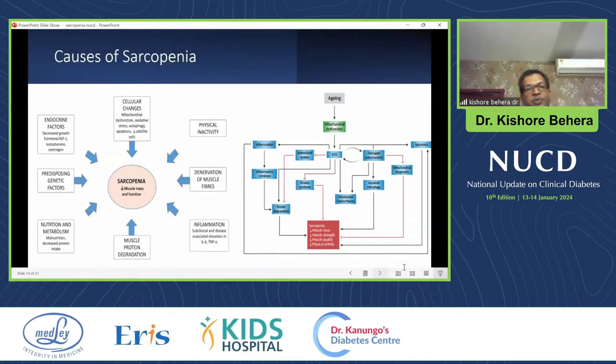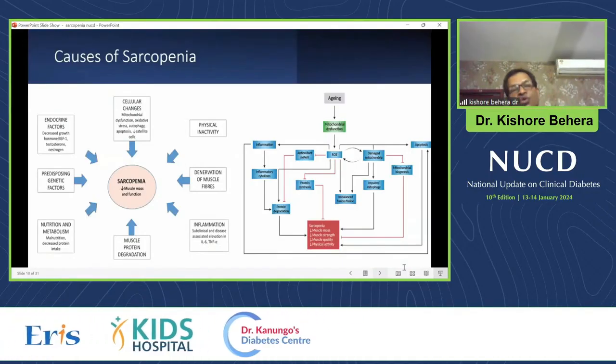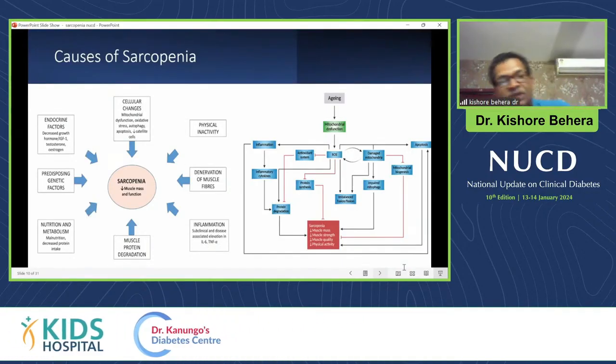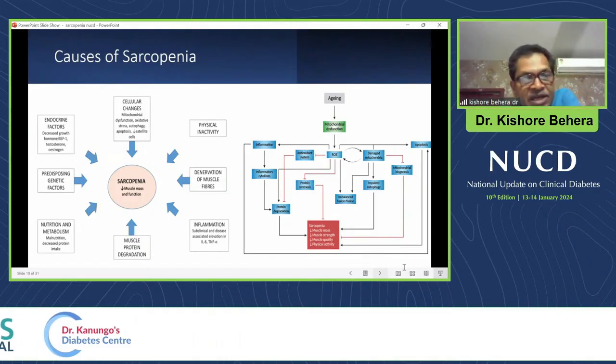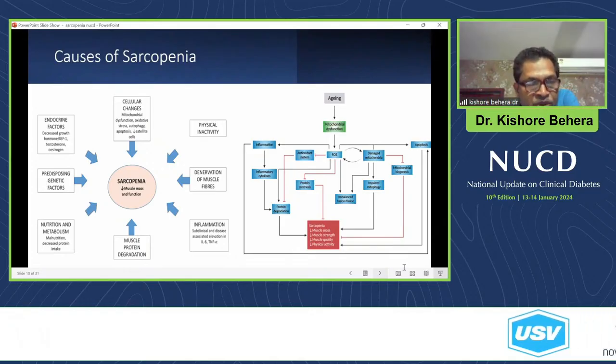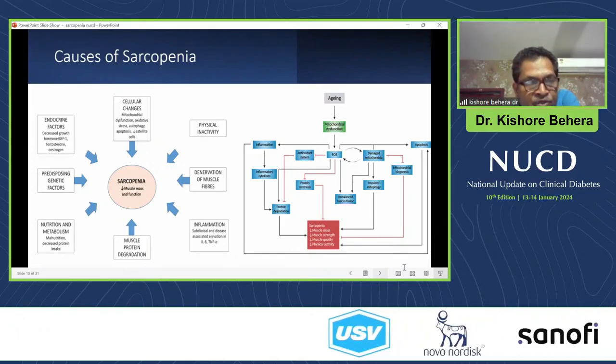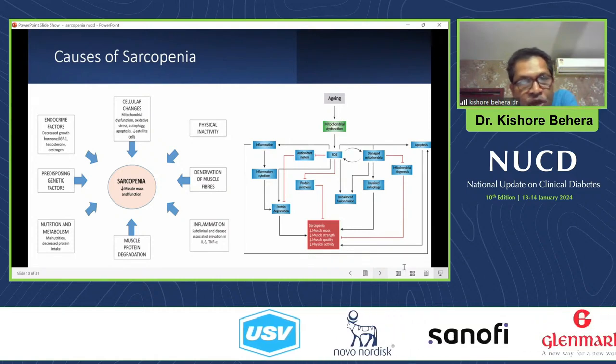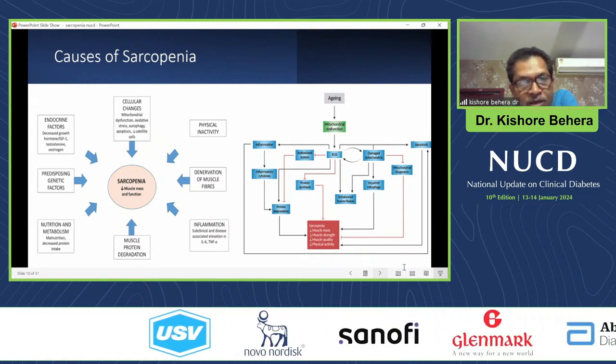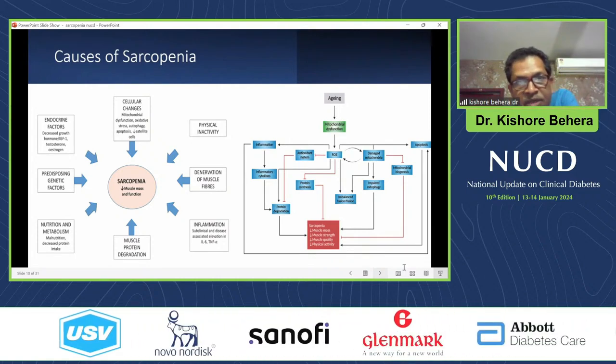So coming to the causes of sarcopenia, it can be divided into two categories, primary and secondary. Primary is usually age related, and there are various factors like endocrine factors and some predisposing factors, and you can have nutrition and metabolic malnutrition, decreased protein intake. All that leads to decreased muscle mass and function.